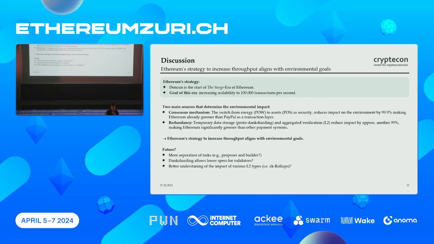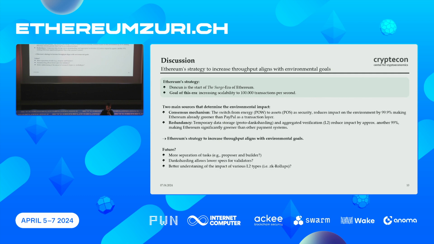The next step is redundancy, as we identified, and here we see that temporary data storage, so the proto-danksharding, and aggregated verification, so layer 2s, reduced the impact again by roughly 90%, making it even greener. So basically, if these transactions are conducted on layer 2s, this technology is greener than today's payment systems.